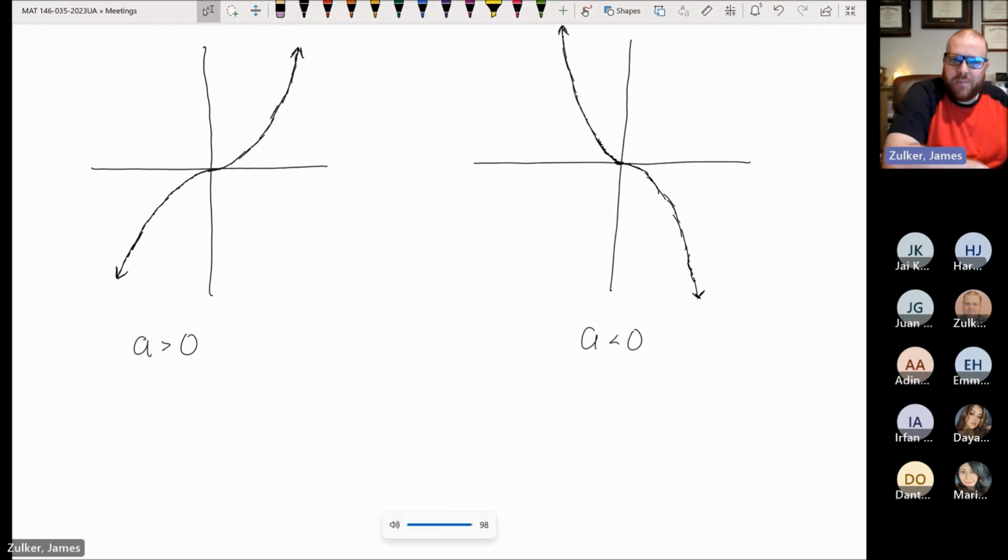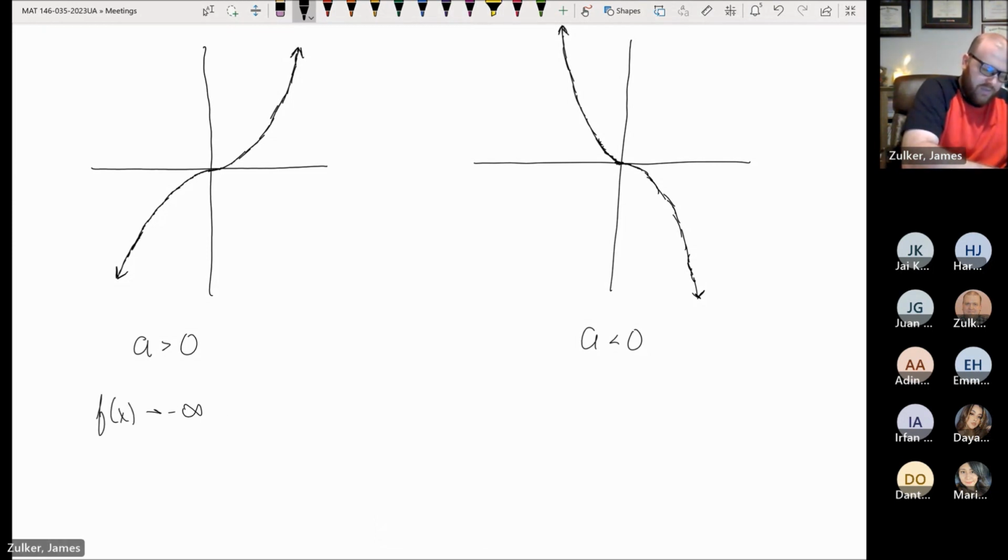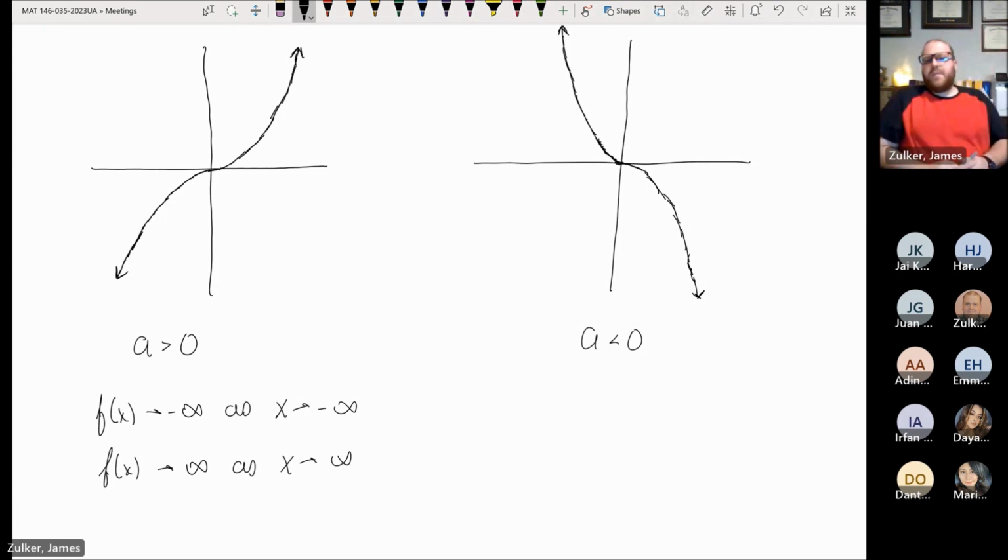Well, look what happens, right? As x goes into the negative direction, our function is decreasing without bound. As x goes in the positive direction, our function is increasing without bound.